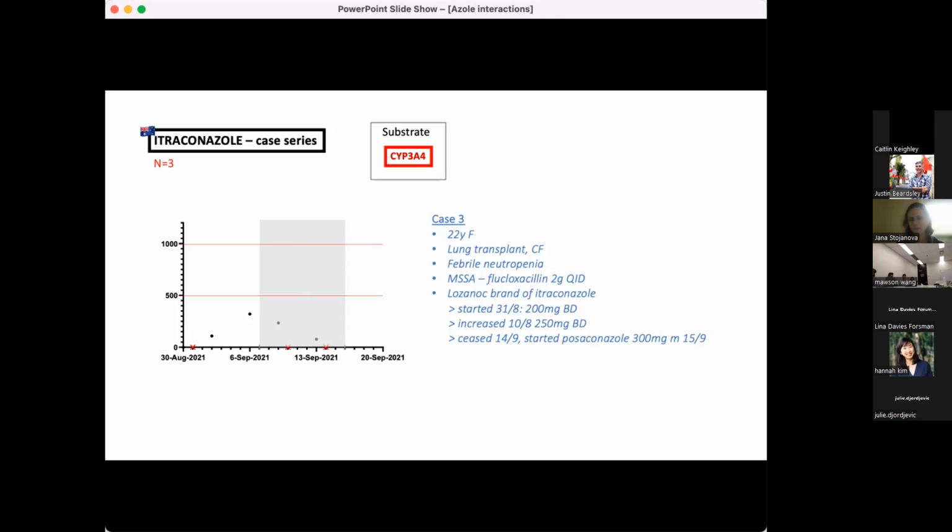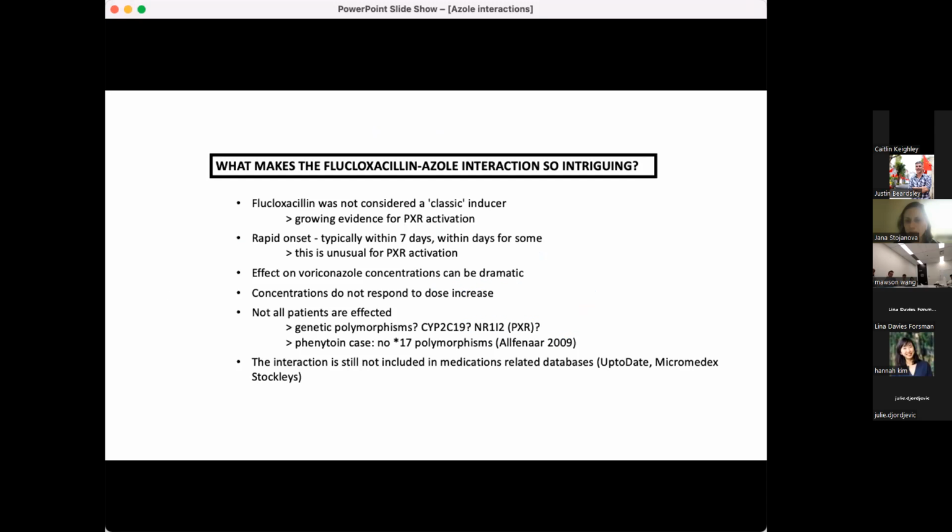This sort of started at this point, and we didn't really have any levels to have a look at what happened to posaconazole in the initial phase. But after stopping flucloxacillin, she achieved good posaconazole concentrations, and continued to. So intriguing.